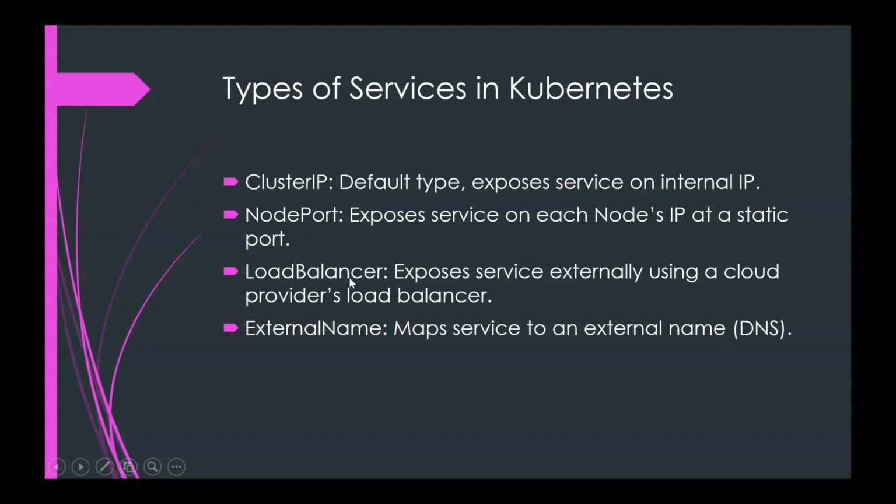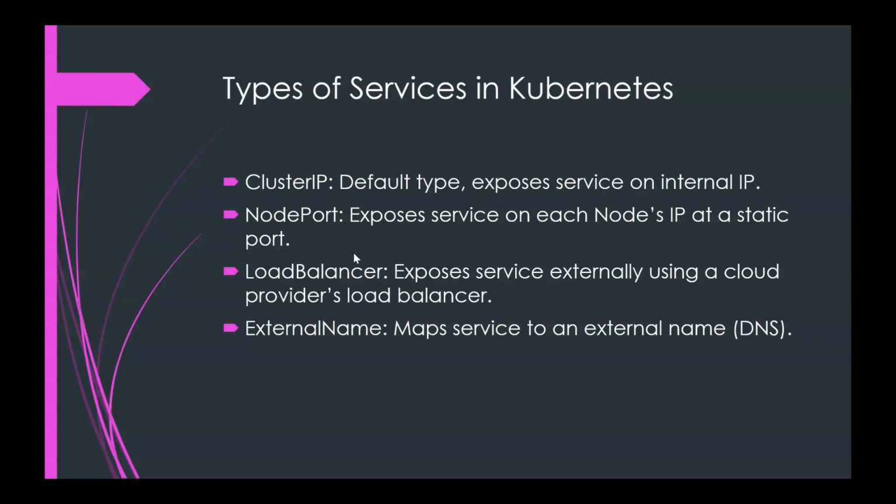The next one is the load balancer. You can use this service to connect to your Kubernetes cluster externally from the internet or from a different place. Okay, you can allow users to connect to your application with the load balancer service as well. This exposes the service externally using a cloud provider's load balancer.